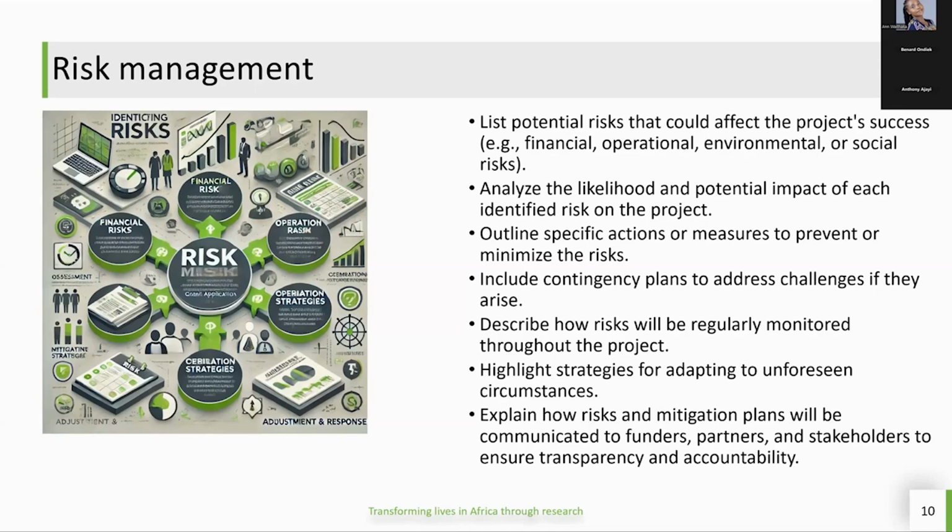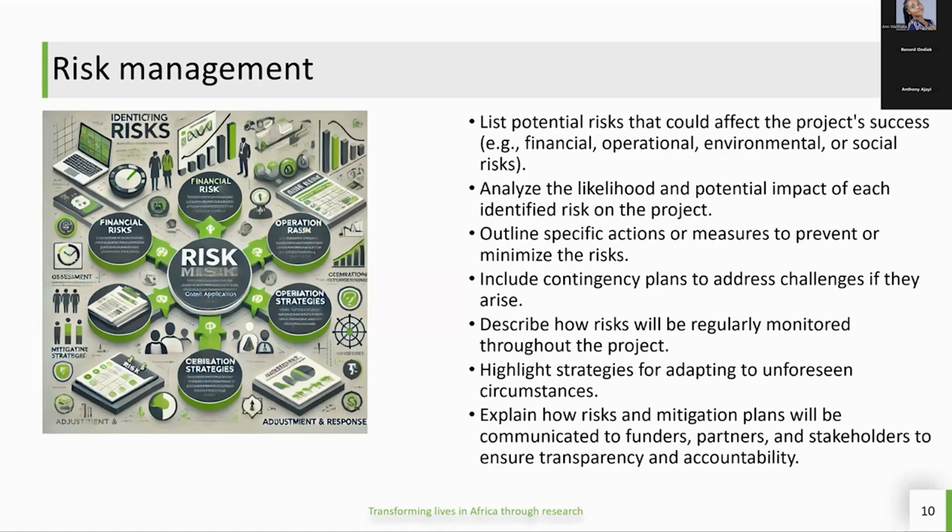You also want to analyze the likelihood and potential impact of each identified risk on the project. Typically, you also want to rate the risk. What is the likelihood of this happening and what is the impact? How damaging is the impact? So you want to also do those sort of ratings. You want to outline specific actions or measures to prevent or minimize the risk.